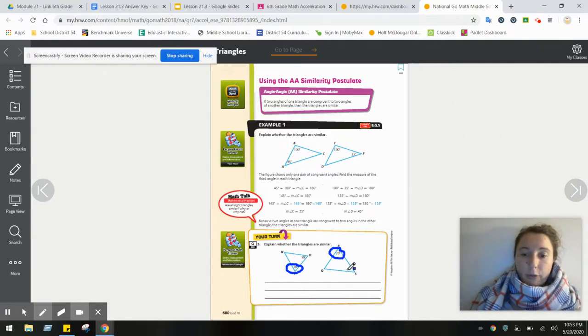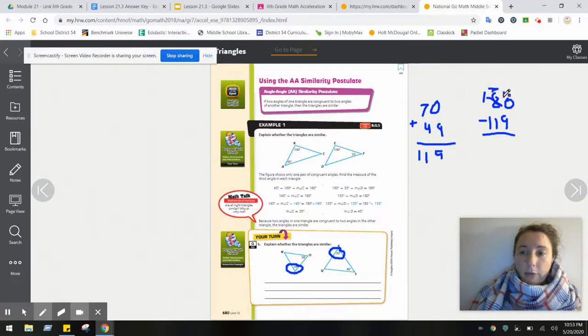If this angle is 49, 70 plus 49, I would add to figure out what the two come together is. So 9 plus 0 is 9, 7 plus 4 is 11. I have 119. Now I'm going to take 119 away from 180 in order to figure out this missing angle Q.